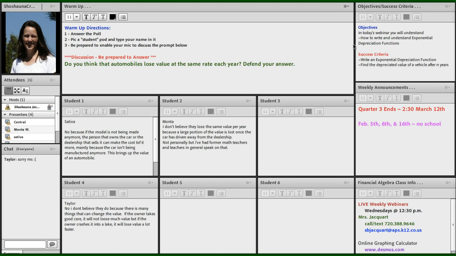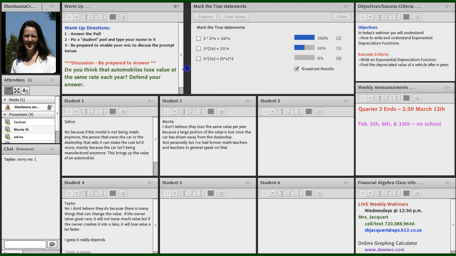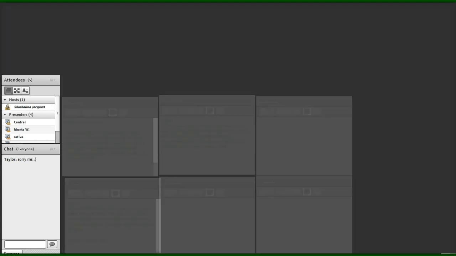Or is Monte right, where as soon as you drive it off, it's losing something? Or does the $20,000 car lose 2,000 the first year and 15 the second year and 14 the next year, decreasing at an exponential rate versus a straight line? So we're going to go into that, and we're now going to answer the poll and show you how to work the poll for those things.